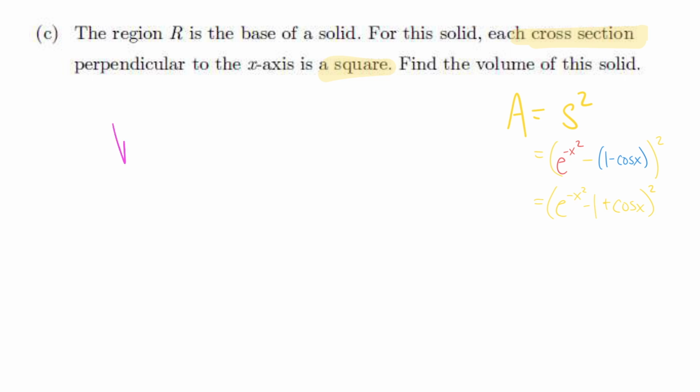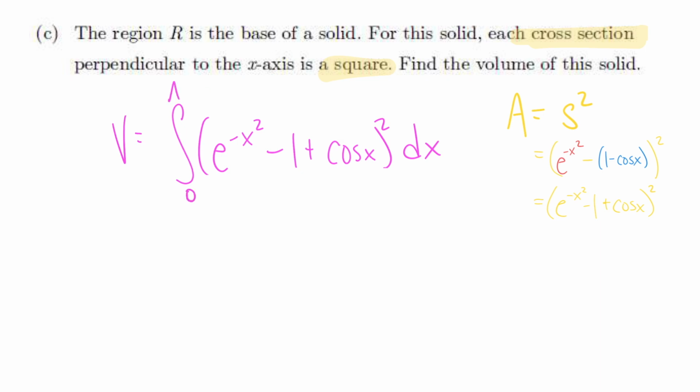To calculate the volume of this solid using the cross sections that they described, we're going to take that area of 1 square with respect to x, because again this was perpendicular to the x-axis, and we need our boundaries, which should stay the same as they've been in the previous problems because we're not switching this to y values. Those are going to stay x values.